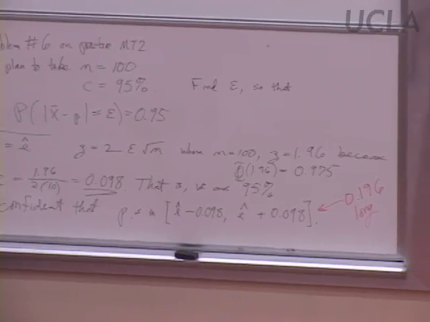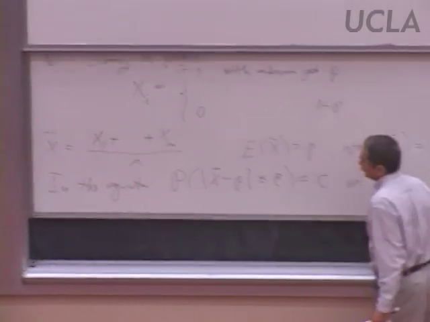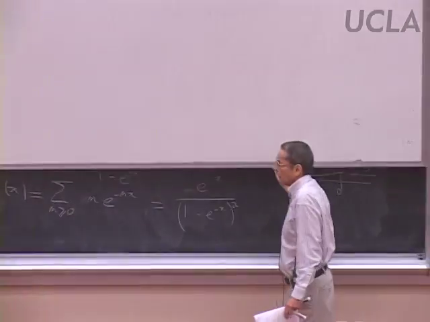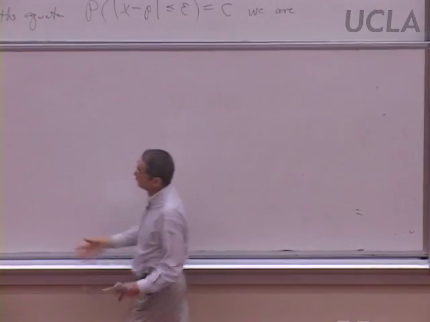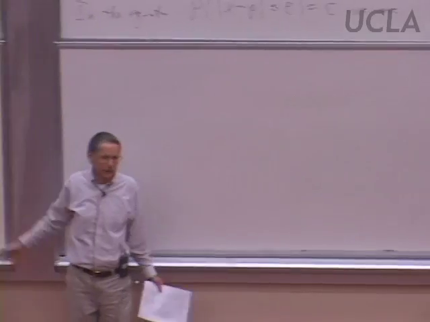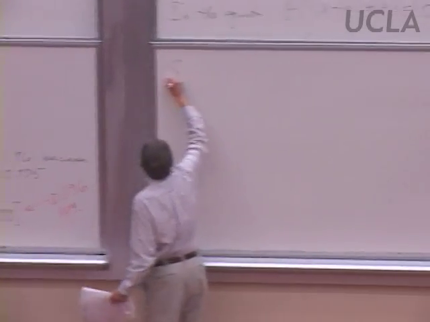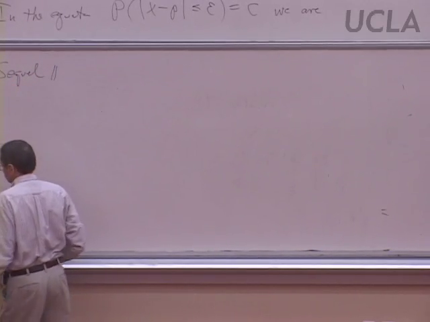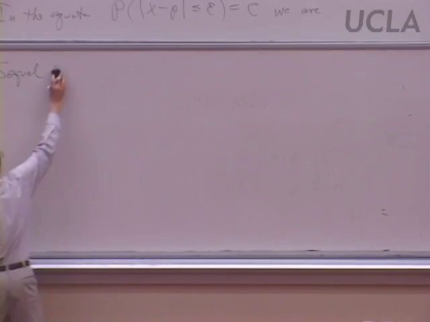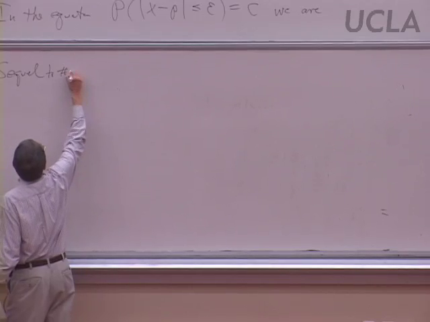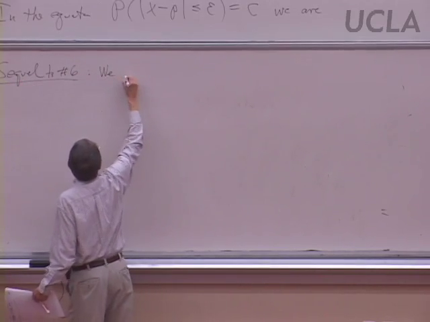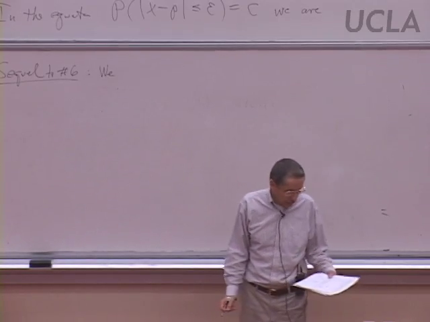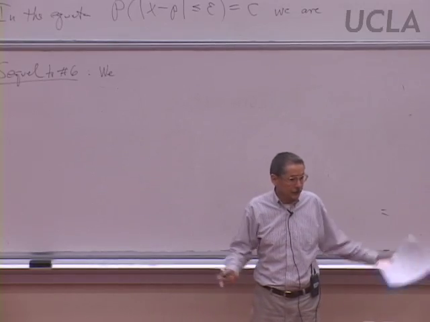Now then, on to chapter 2 of the story. Suppose we go out and do this study. Problem 6 just was talking about some future thing. So here's the sequel to number 6. We take our random sample of 100 people, and we find that 10 of them have the disease.